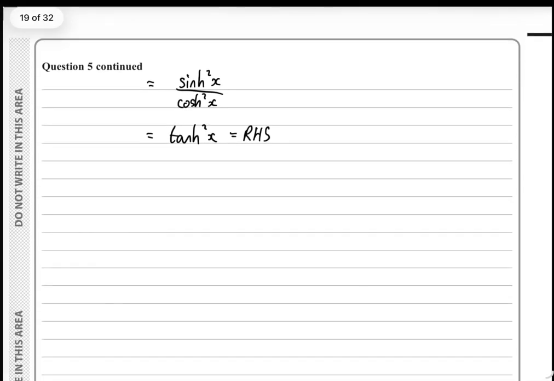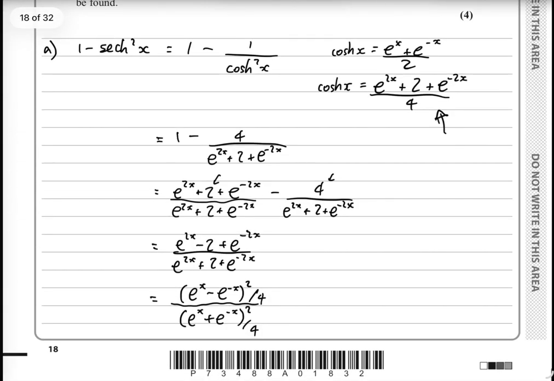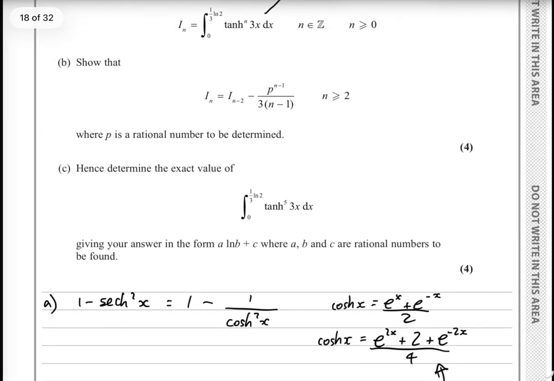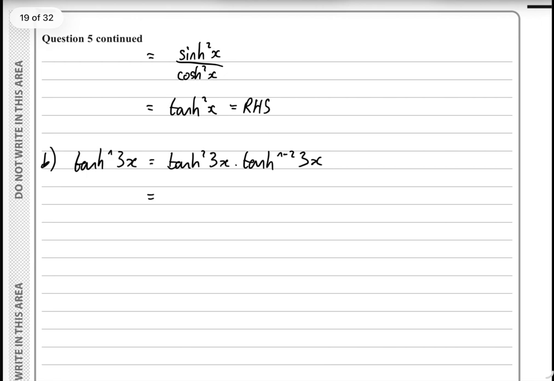So if we've got tanh to the power n of 3x, we can write that as tanh squared 3x times tanh to the n minus 2 of 3x, and I've only done that because of the identity in part A, where we can change tanh squared into a 1 minus sech squared. So I'll do that and see where that takes me.